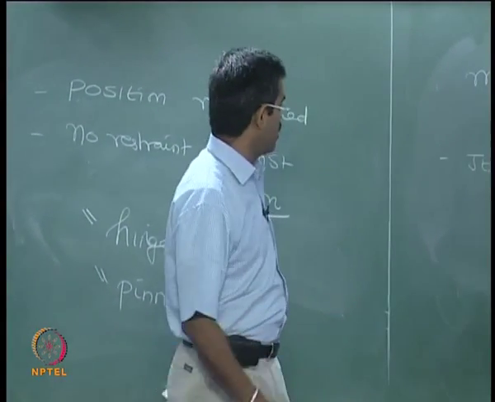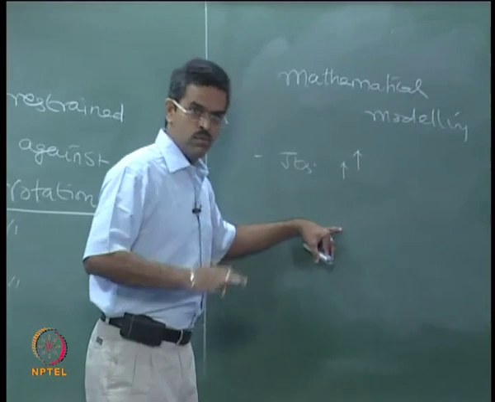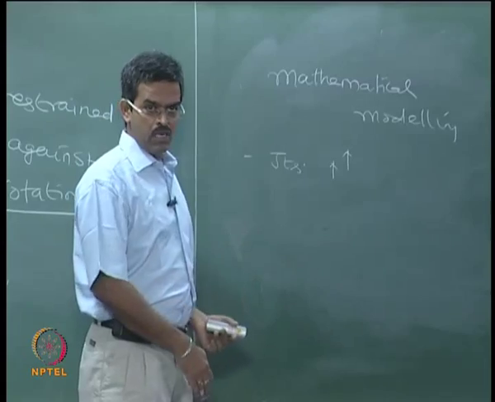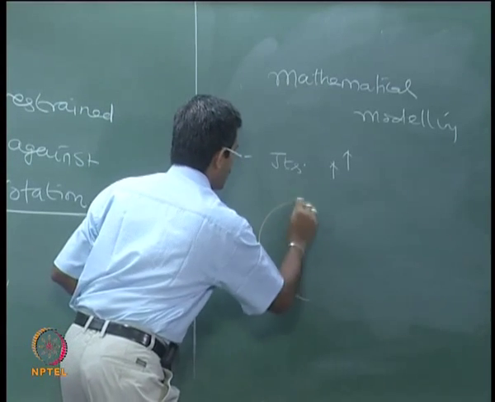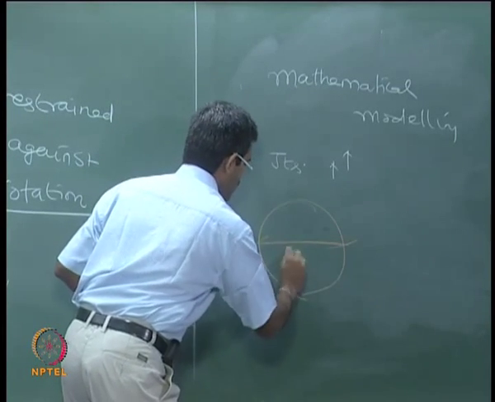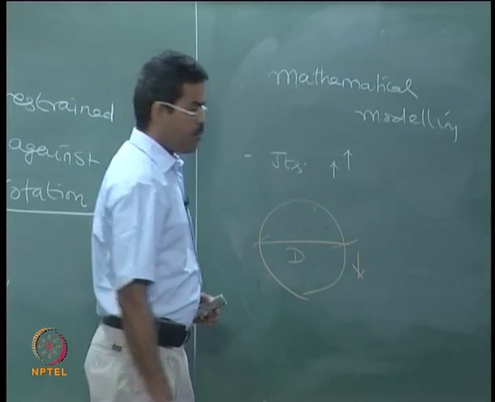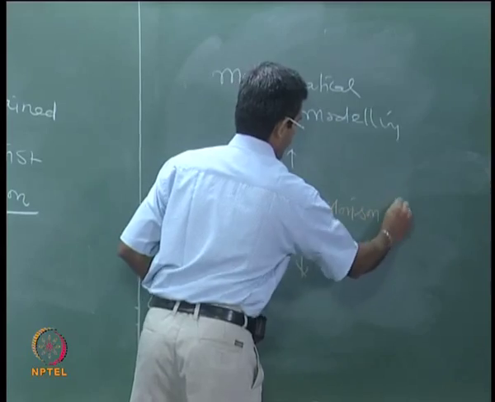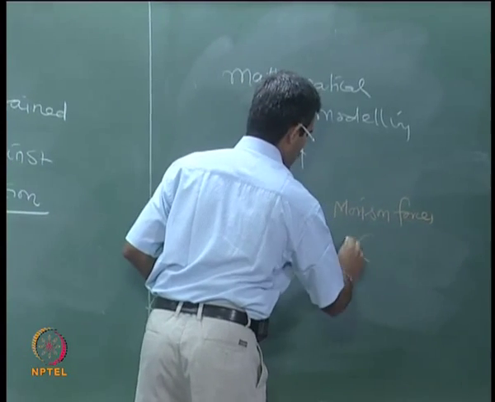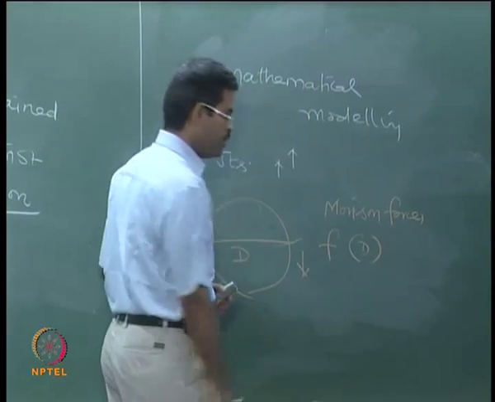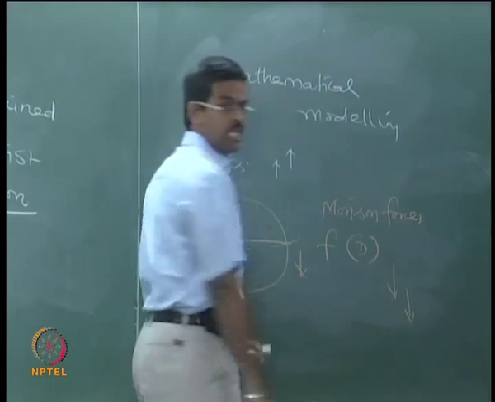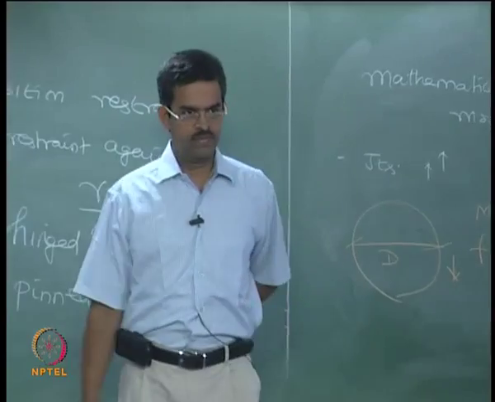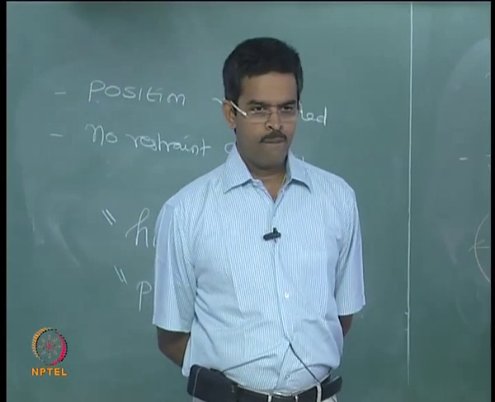Therefore, I can go for yield strength of lower value and lower member cross sectional dimension. When I say lower member cross sectional dimension, decreased d, the Morrison forces coming on the system, which is a function of diameter, will be reduced. That is why I said these members will attract less forces.